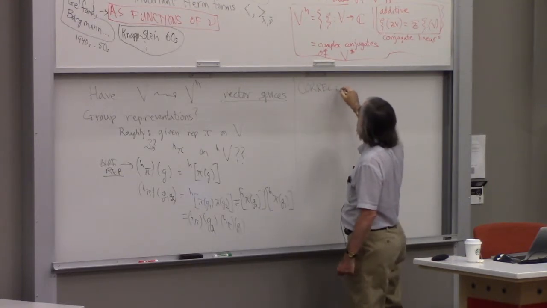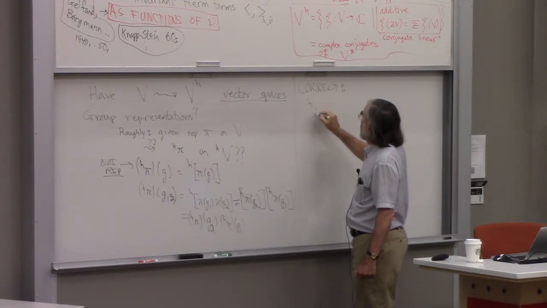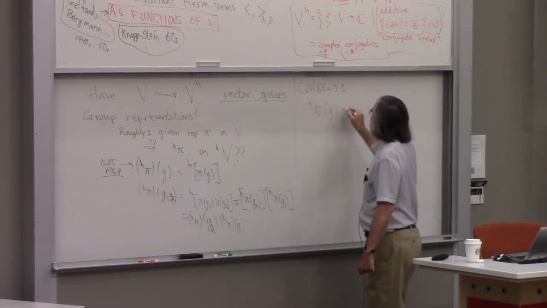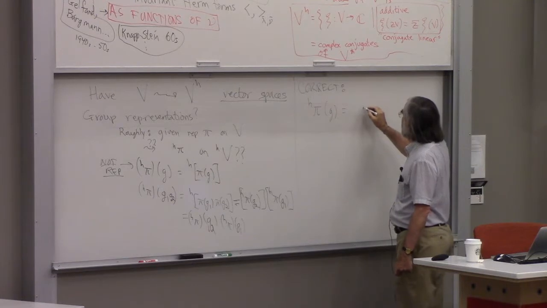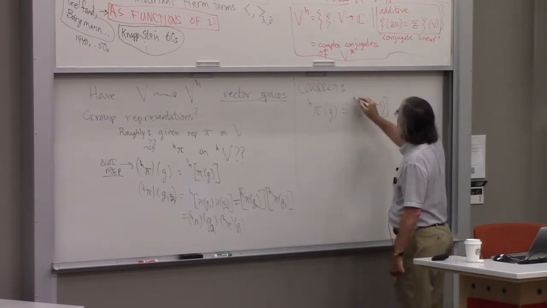What you have to do is take pi of G inverse and take the Hermitian transpose.